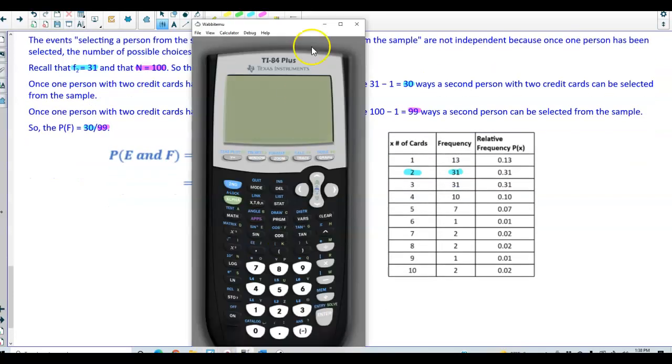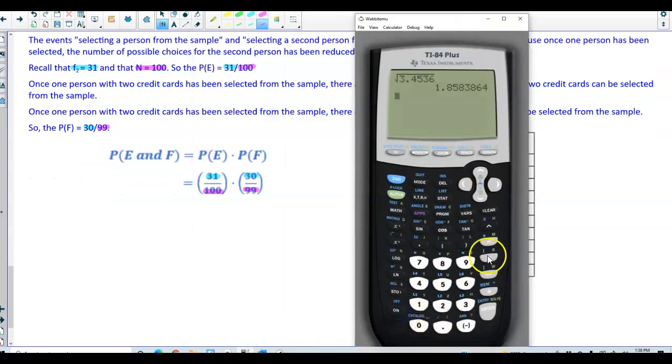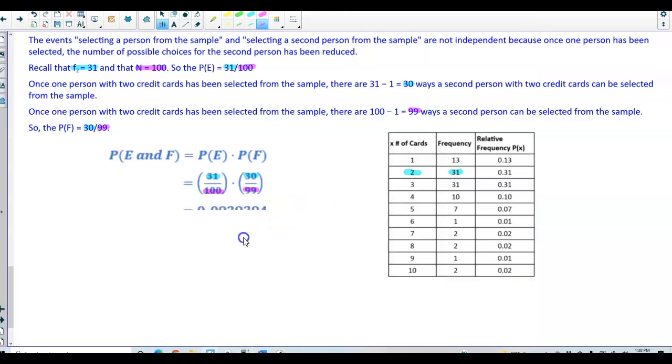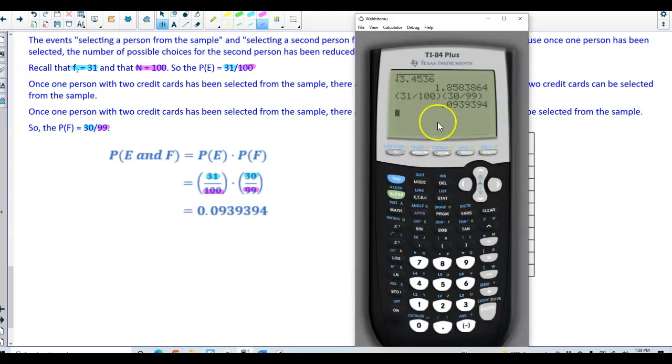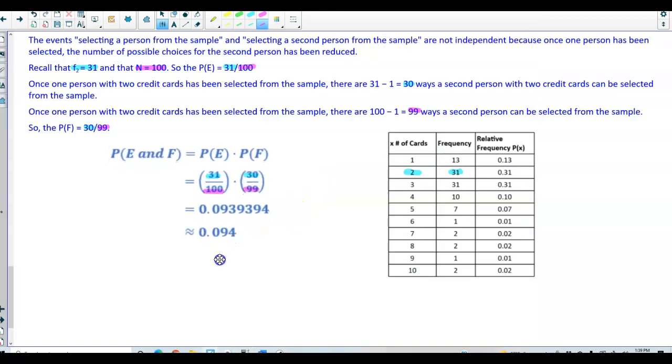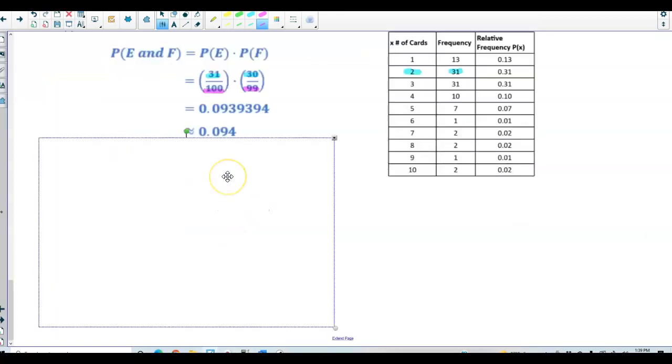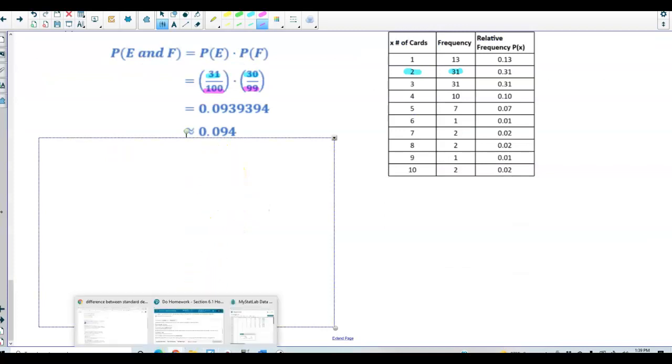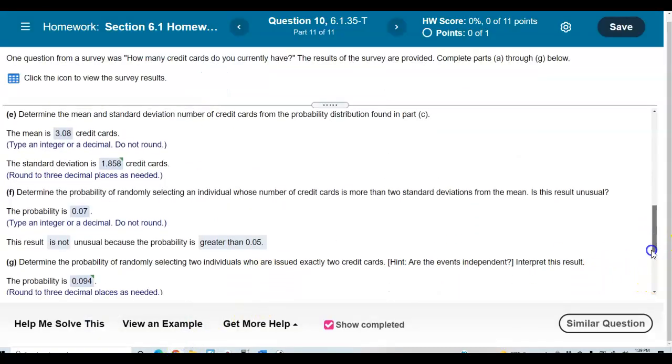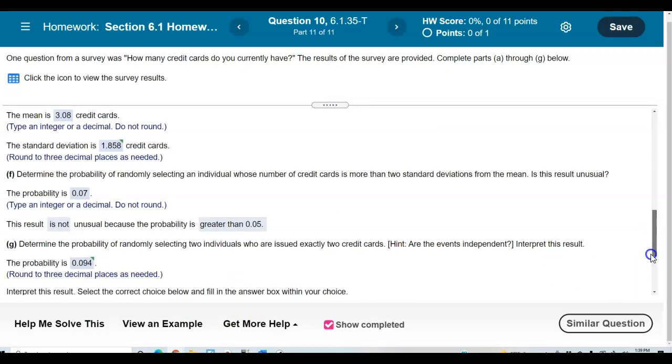So when we multiply them together on our calculator, we have parentheses 31 divided by 100, times 30 divided by 99, and that gives us 0.0939394. And therefore, we're going to round that to 3 decimal places, which gives us 0.094. So the probability is 0.094.